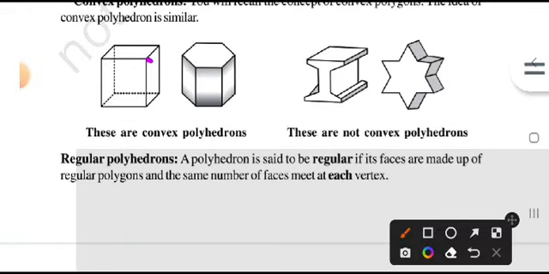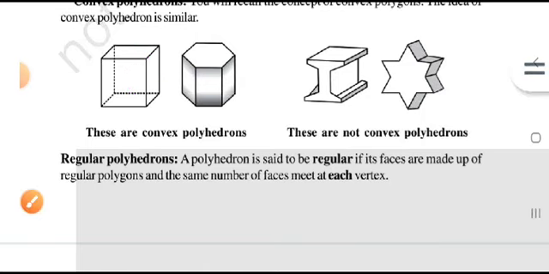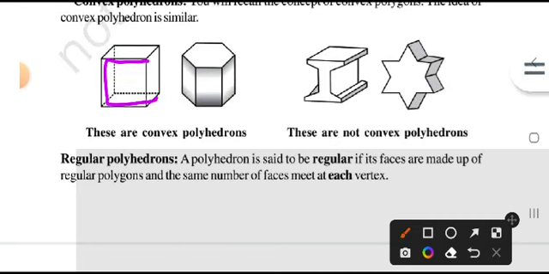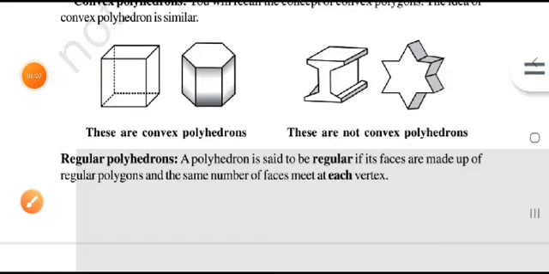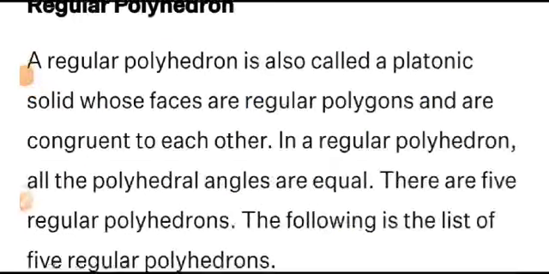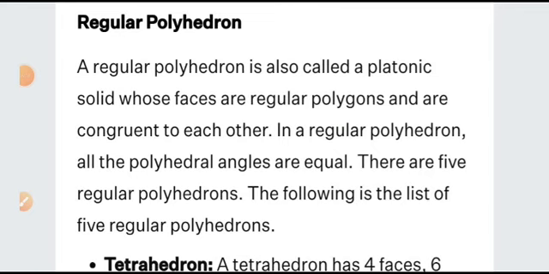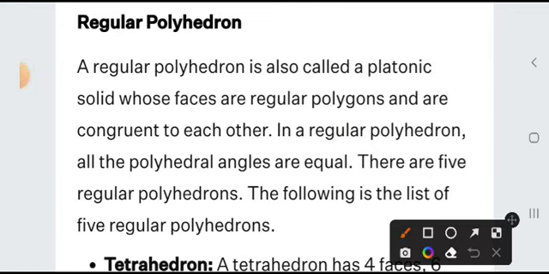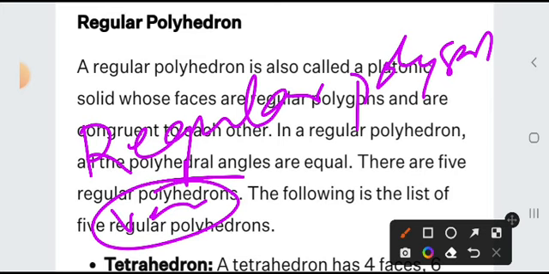Suppose on this vertex, you can find one, two and three faces, and you can see these faces are regular polygons. So from the book's definition, its faces must be regular polygons, and on every vertex, the same number of faces should be present.